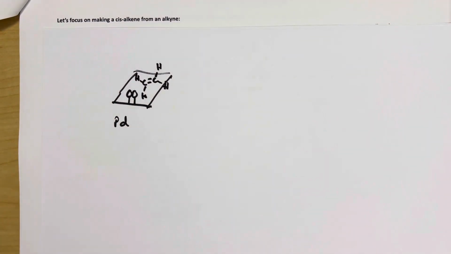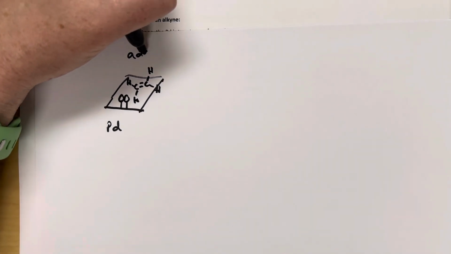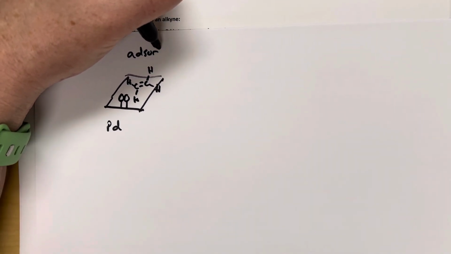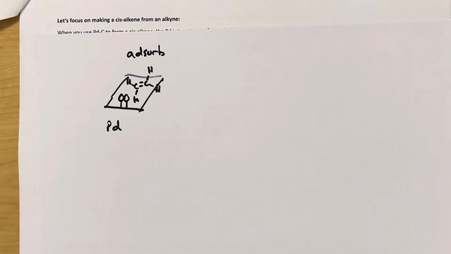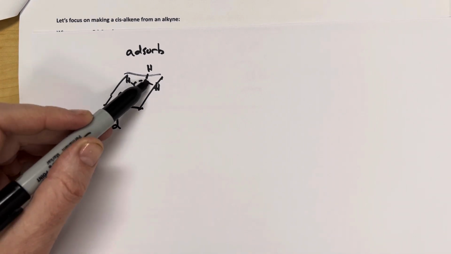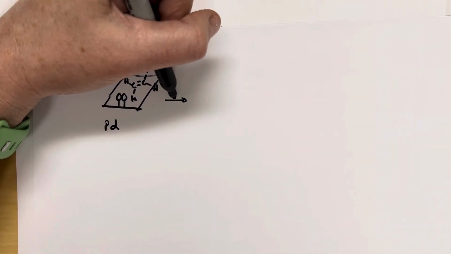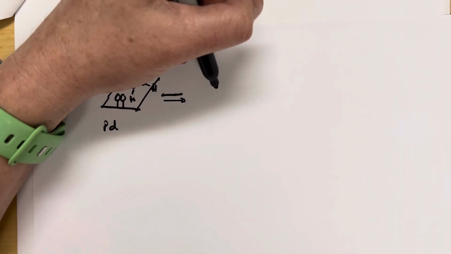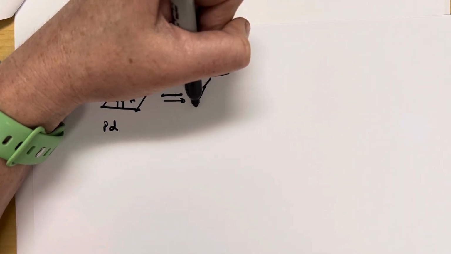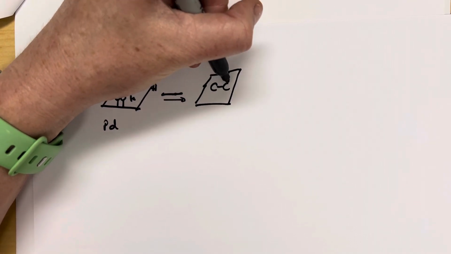It does something called adsorb. It's adsorption, not absorption. And it's going to adsorb these hydrogens onto the carbons under these conditions. So essentially then you'll get, and there's a series of different equilibrium reactions that you can do, but none of them are what we're used to. There's no arrow pushing.